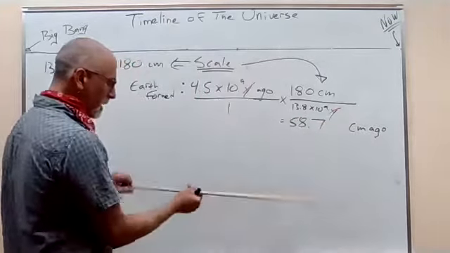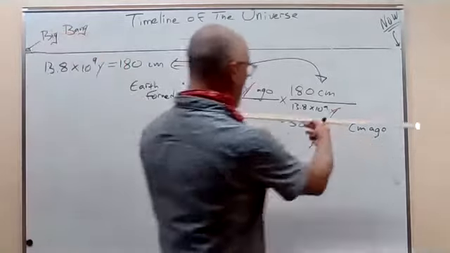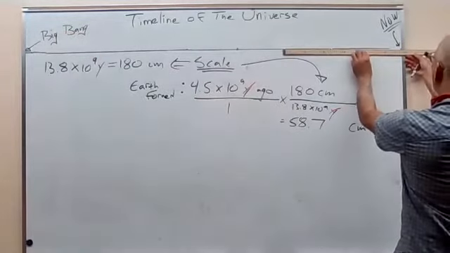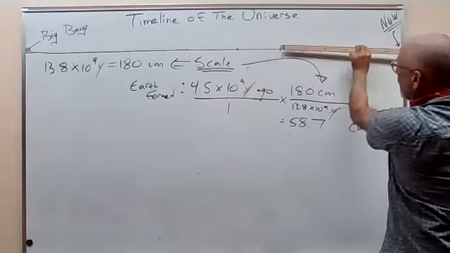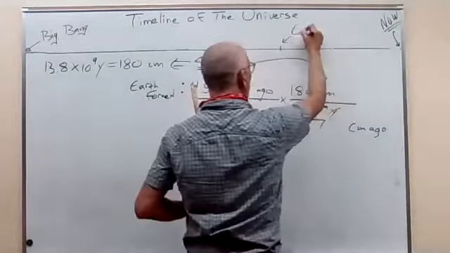So then I take my ruler and I have to measure back in time. So I'll go 58.7 and I'll make a little mark right there and I'll say Earth formed.